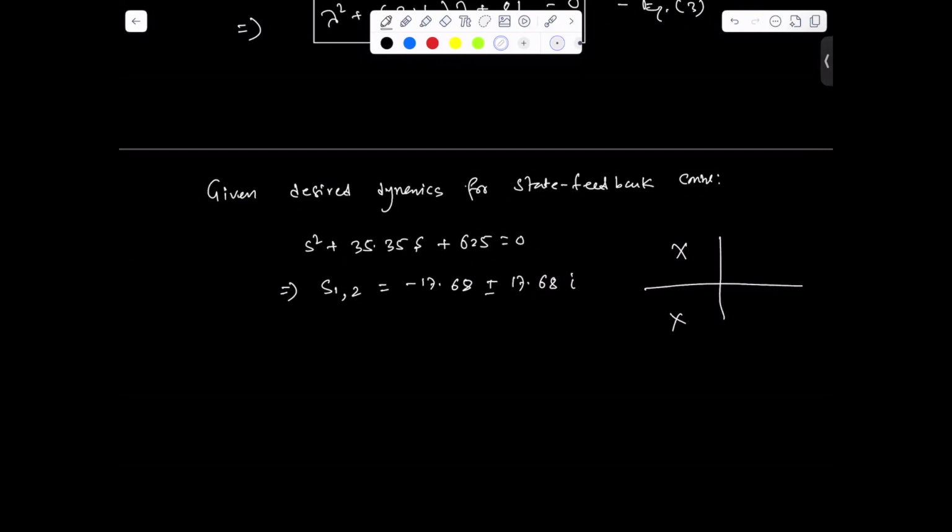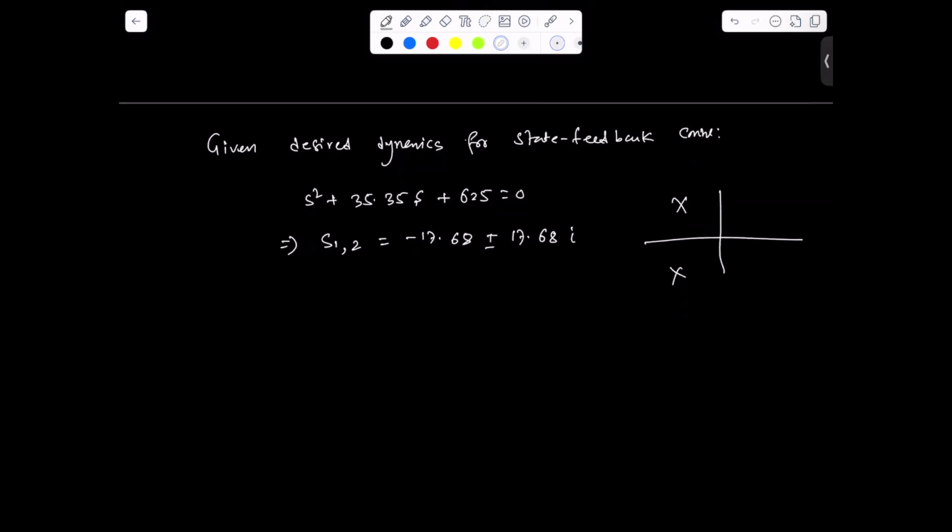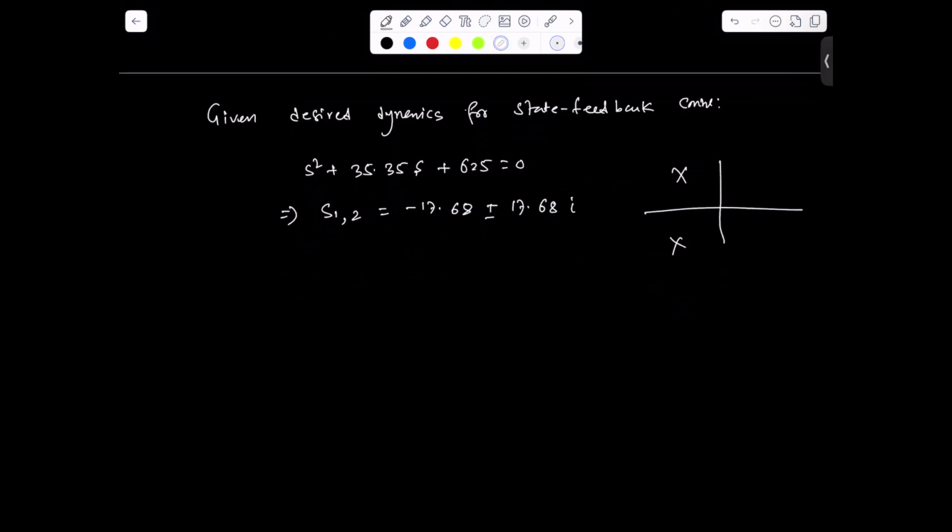But as per the observer design, what you have learned is that the observer must be faster than the system being controlled. Here we assume observer roots are 4 times as large as the desired closed loop performance, right? This is already what we had in the last lecture. So now 4 times of these roots, right?